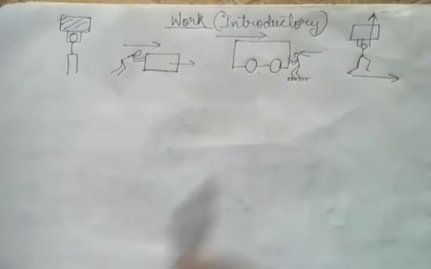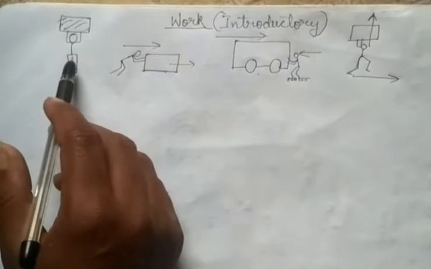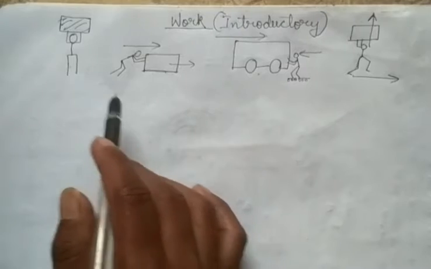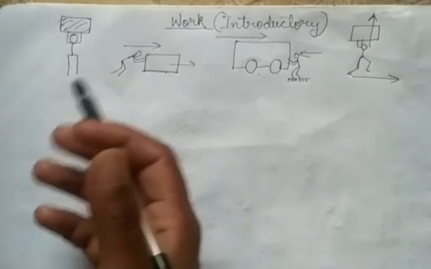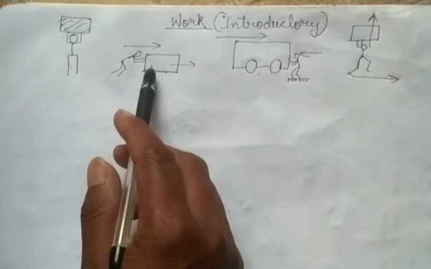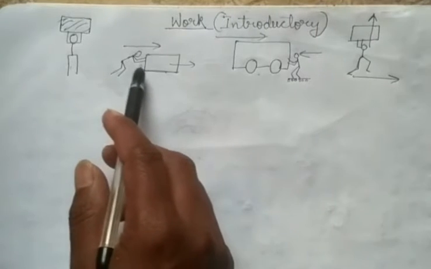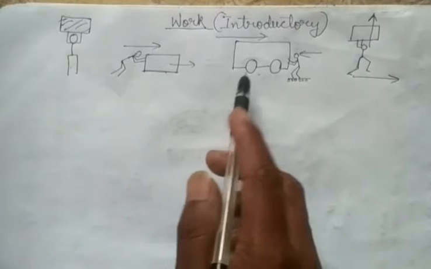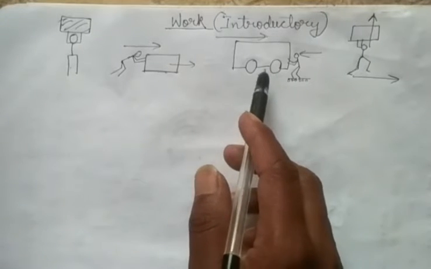Here I have drawn three diagrams. One in which a person is carrying a load, not moving in any direction. Second, a person is pushing a load in a horizontal direction. The third one is quite interesting.